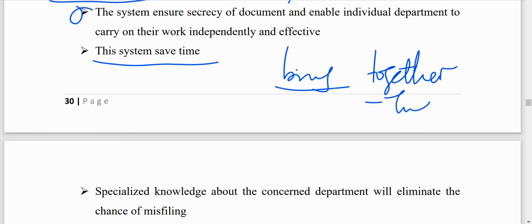In most cases, you may even need resources. The other thing is that you need enough space to keep all these records together in one location, and you need a lot of policies or requirements to be put in place, like the shelves that can keep records of high volumes. So this system will save time.